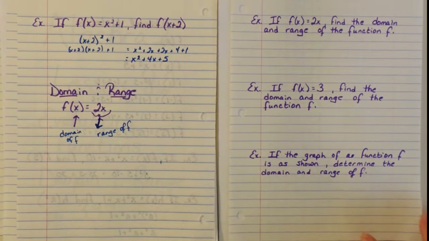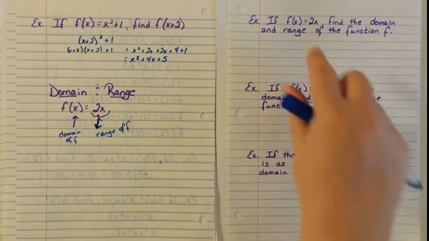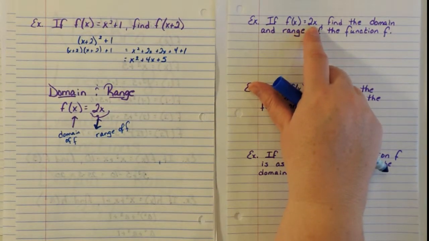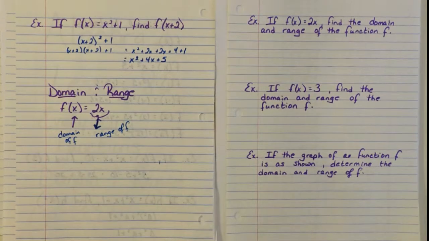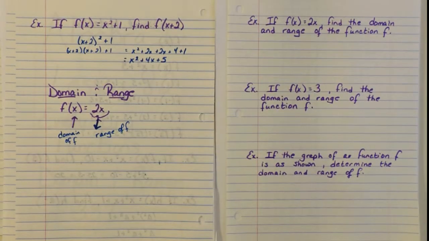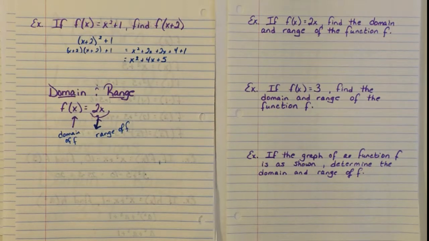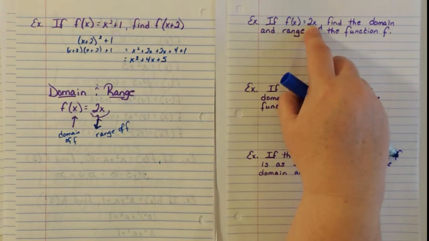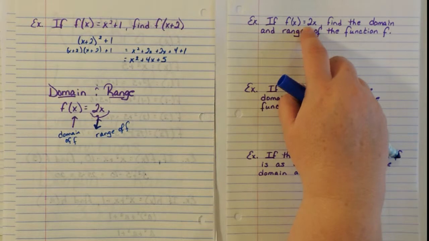So let's try some examples so you can see how this works. If f of x equals 2x, find the domain and range of the function f. Okay, so the function can be applied to any real value of x, because no real value of x here is going to make this a square root of a negative, or make this have a 0 in the denominator.